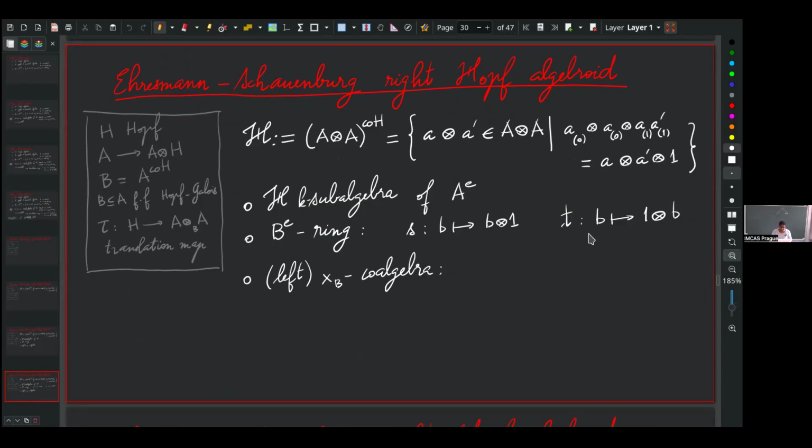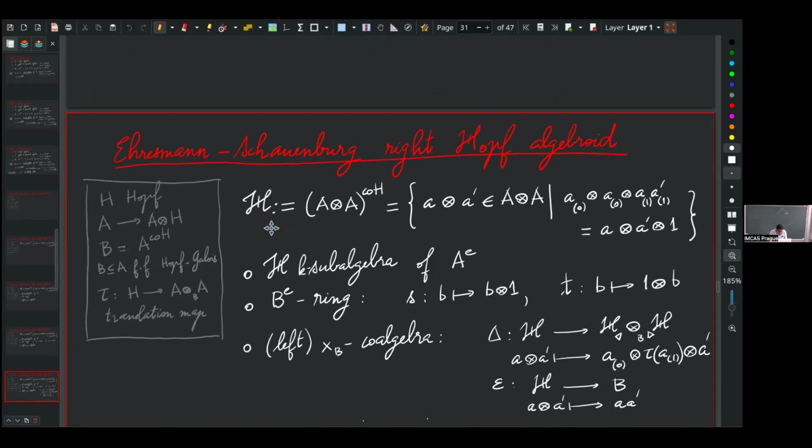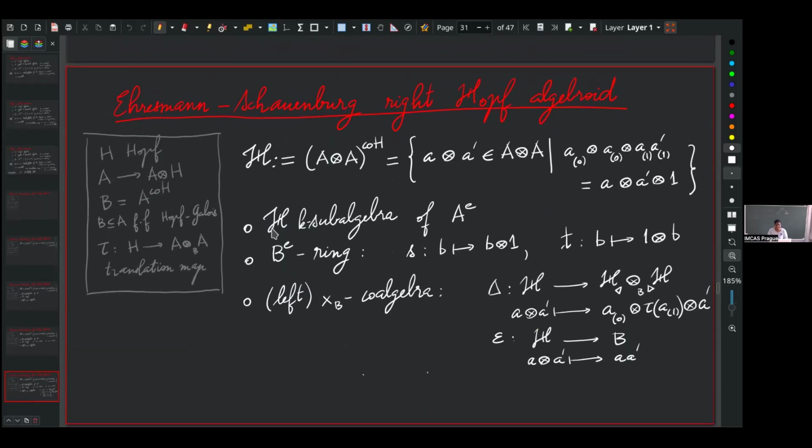And now we will use the translation map in order to define the comultiplication of our algebroid. I forgot to mention that the elements are not necessarily simple tensors as written here.